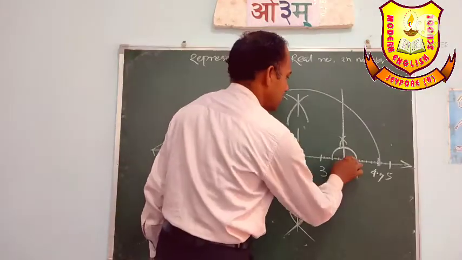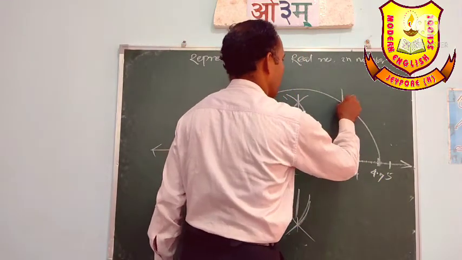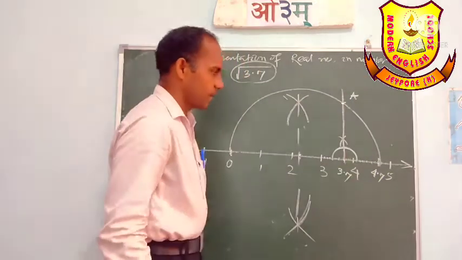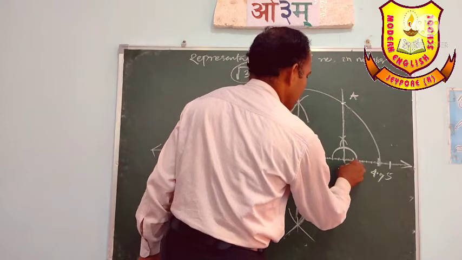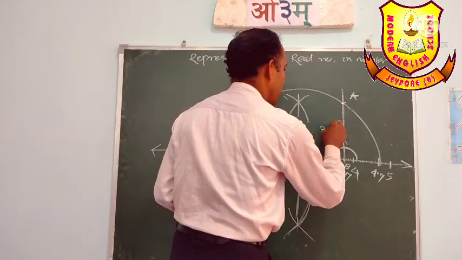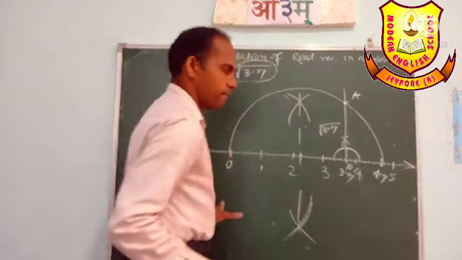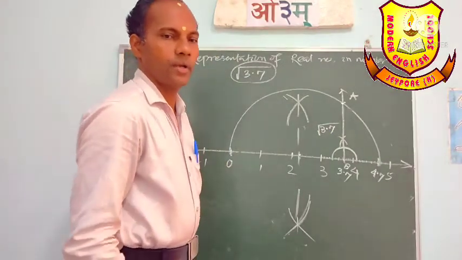This perpendicular line will intersect the semicircle at a point, let it be A. Now this point is B. AB is root over 3.7.